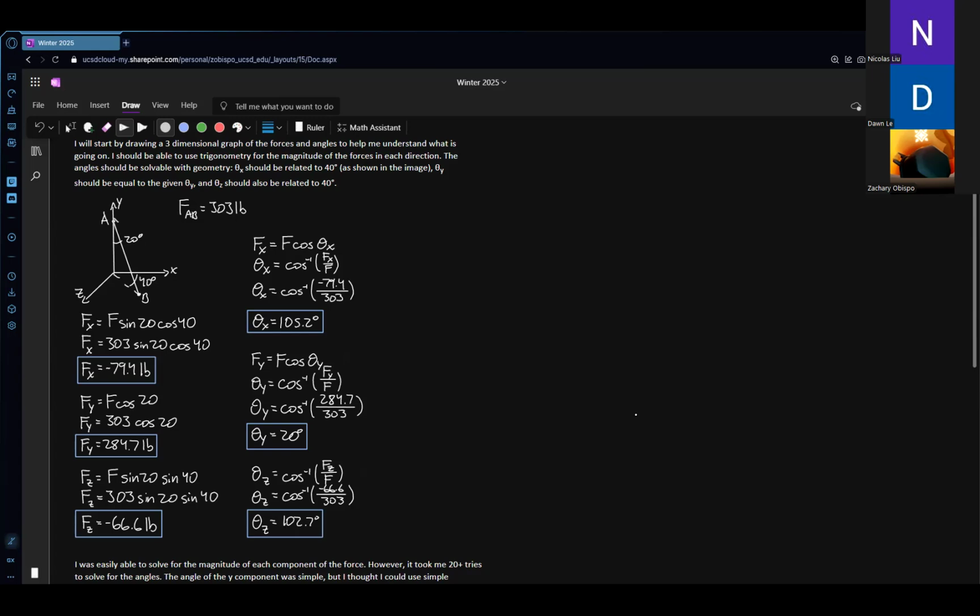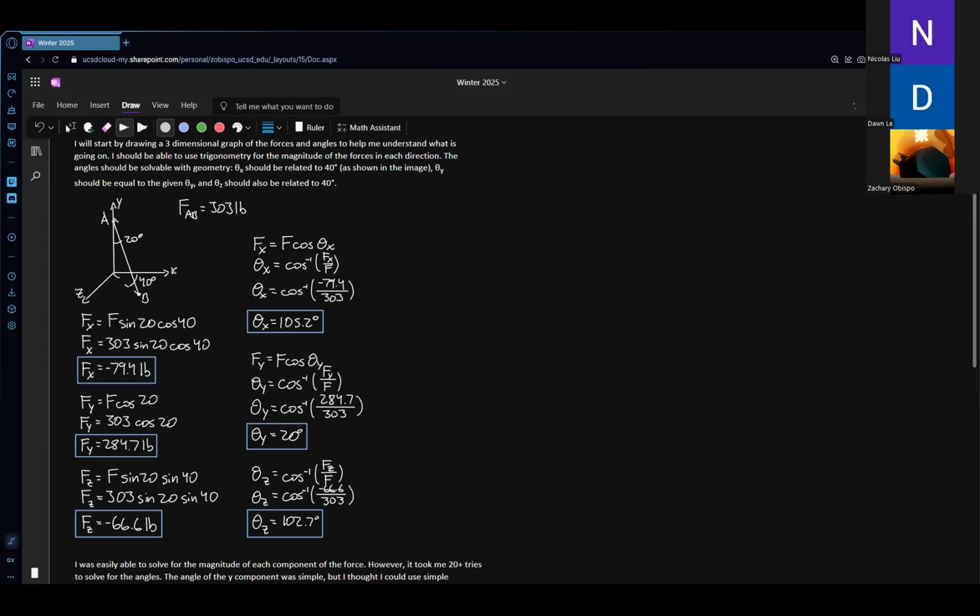I think for theta y, you didn't need to calculate it since it's already given in the question. Yes, technically it's already given for the y direction, so it's kind of trivial, but the whole concept of the question is to find the angle between the axis and the force itself, not the projection of this force onto whatever plane you need.